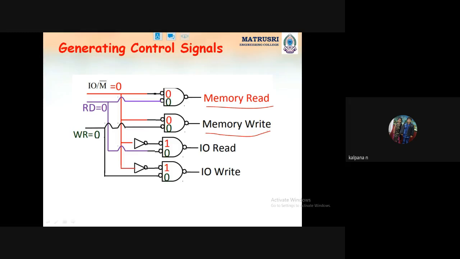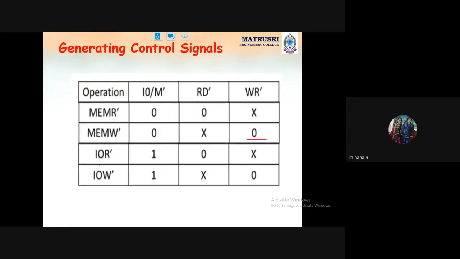Then memory write operation. Now IO read and IO write. In order to select the IO operations, IO/M bar is equal to 1. Why 1? Because above IO there is no bar, here bar will be there, here also bar will be there. So 1 means IO operation will be done.